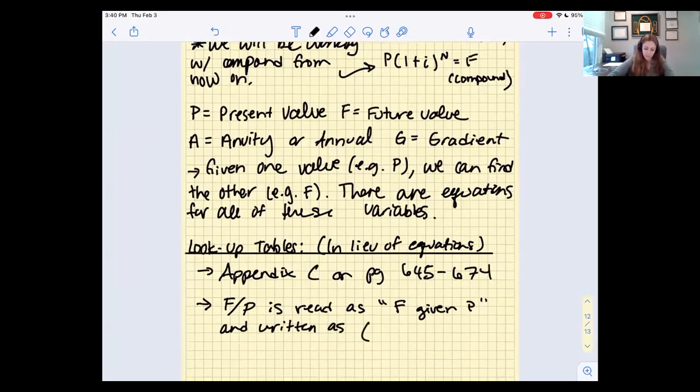So you say F given P at some interest rate in a certain amount of years. So again, this is what we want versus this is what we already have. And then you have your interest and your years.